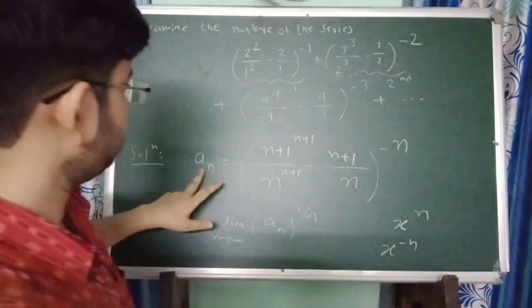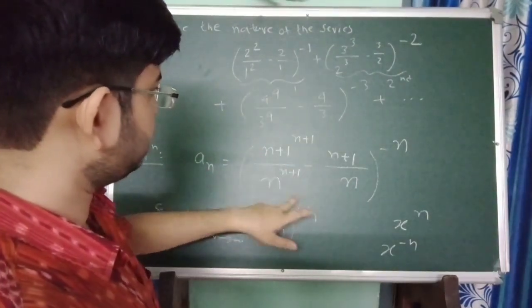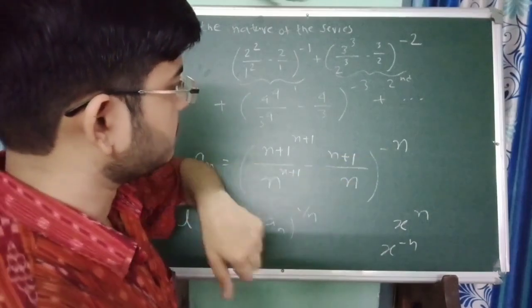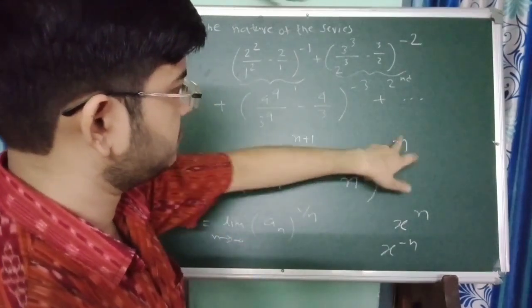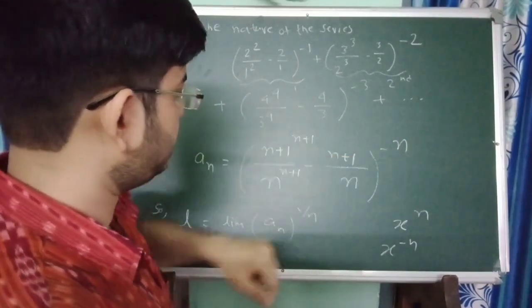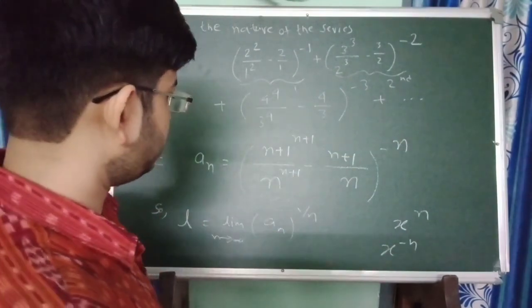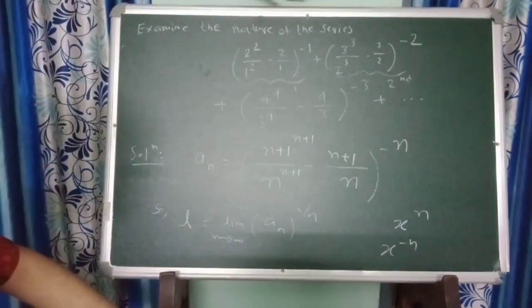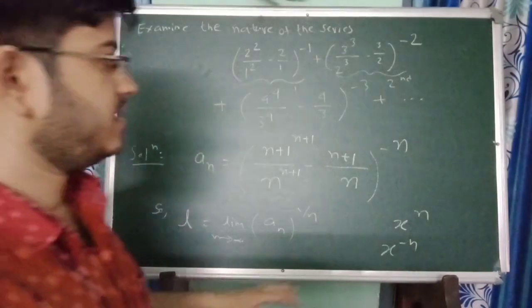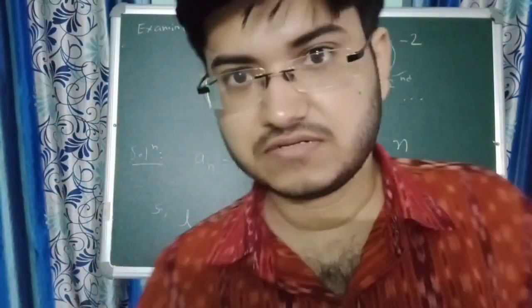Here the a_n term is some expression to the power n. So when this kind of power arises, in the maximum case, we apply the Cauchy's root test, otherwise not.